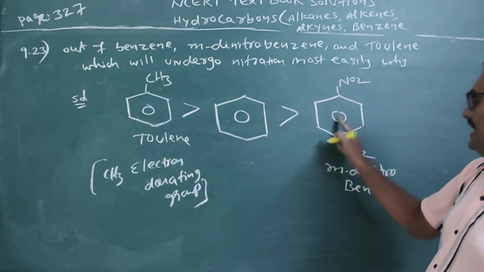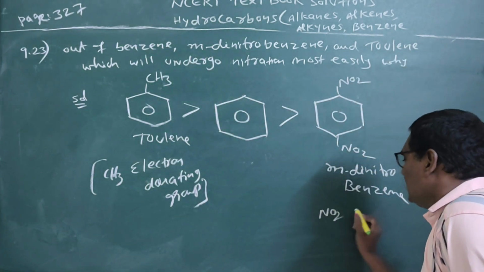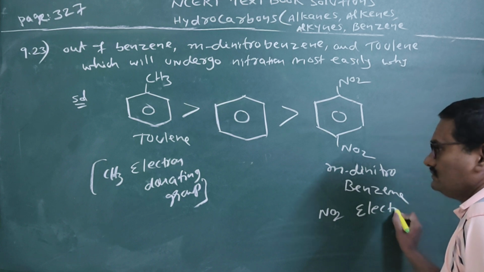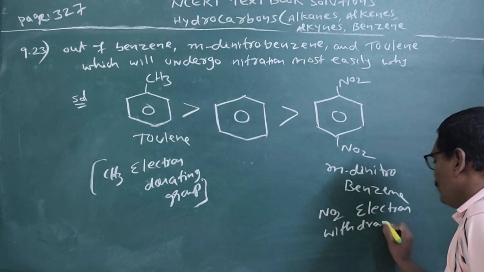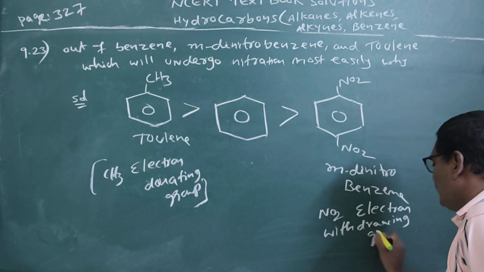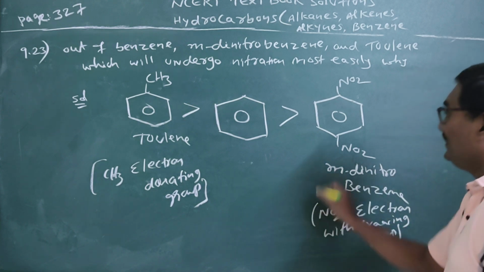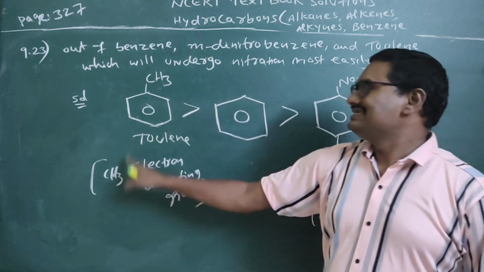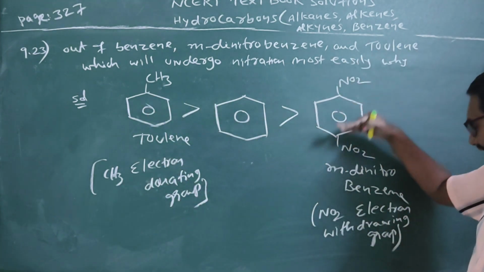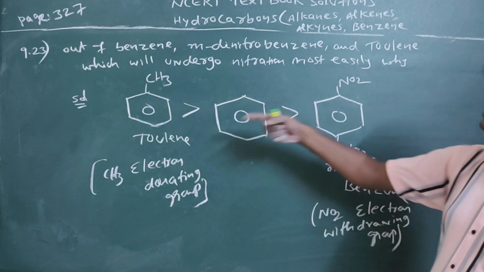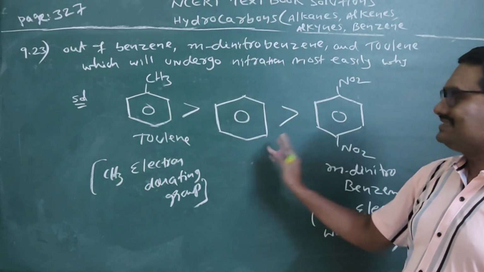In this one, NO2 is an electron withdrawing group, so the reactivity is very low. Because CH3 is an electron donating group and NO2 is an electron withdrawing group, toluene is the highest and metadinitrobenzene is the lowest.